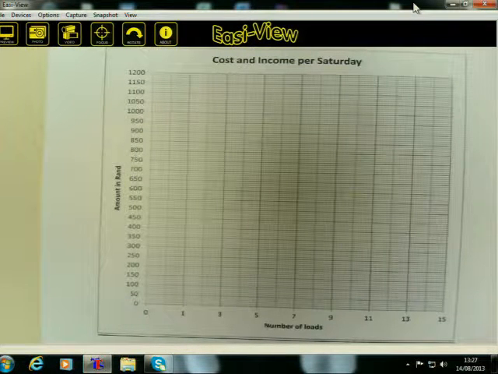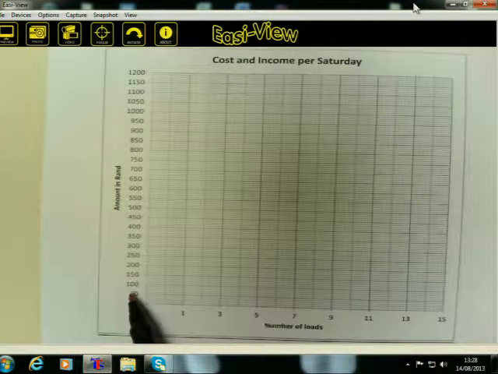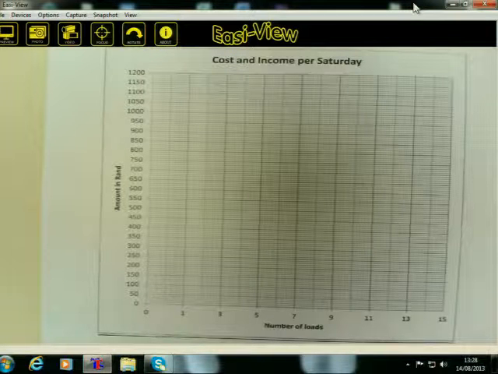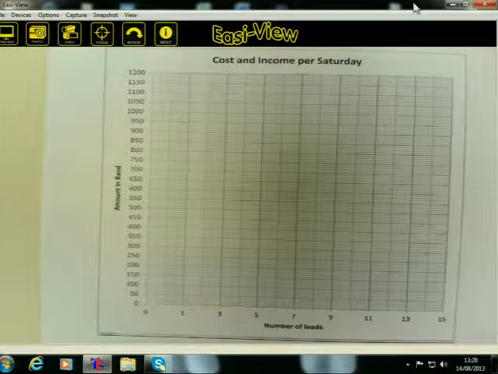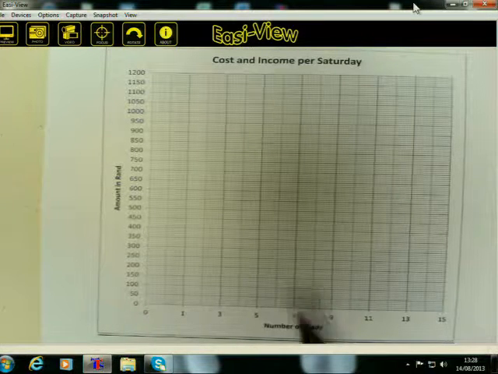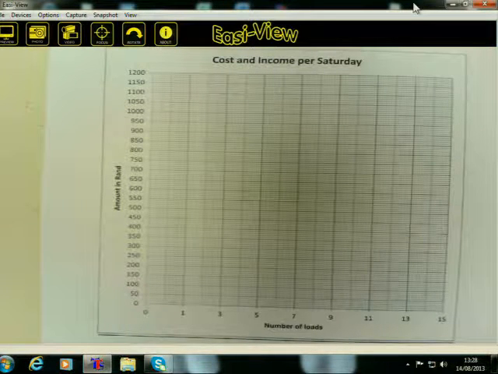But apart from major grids, we also have minor grids. Between 0 and 50, you'll see that we have thin lines, which we call minor grids. The reason I'm telling you this is because you need to work out what scale was used to come up with this grid, so that when you plot your points, you know the scale.